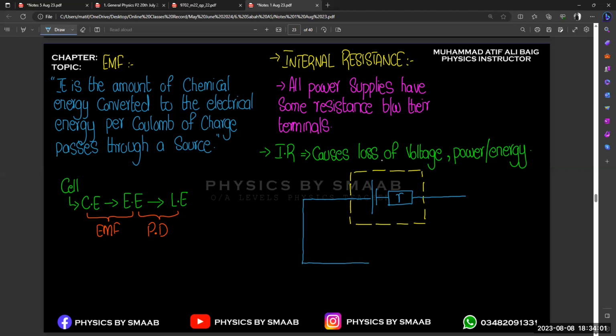The external resistance is connected over here. This is our external resistance, and we usually write internal resistance with a small r because that was the smallest one. This is the largest one as compared to that one.